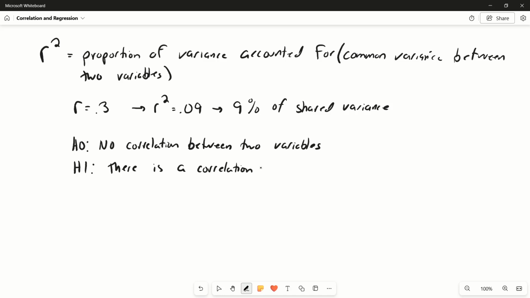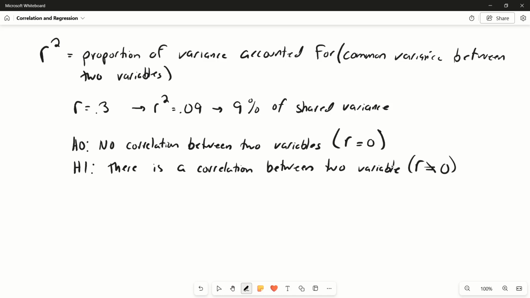And it's a two-tailed test, right? So we don't really look at directional tests with correlations. All you're saying is if the test of the correlation coefficient is significant, we reject the null and we conclude that there is a correlation. Another way to write this is R equals 0, the null hypothesis. The correlation is 0, and the alternative, R does not equal 0. So it could be either positive or negative, the two-tailed test.